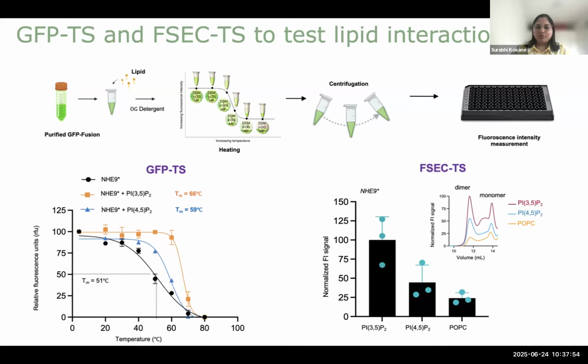Again, we take this sample and inject it on FSEC to see the quantity of monomer and dimer present in the sample. And we could see PI(3,5)P2 was stabilizing the dimer compared to PI(4,5)P2 and other lipids such as POPC. So we could clearly see that the lipid preferred by this protein is PI(3,5)P2.